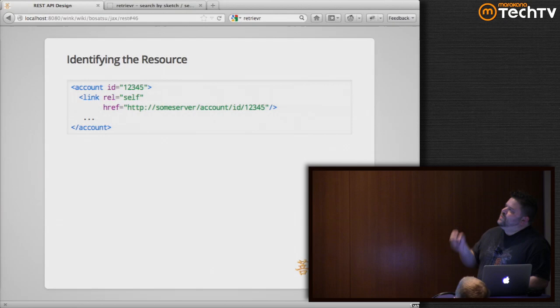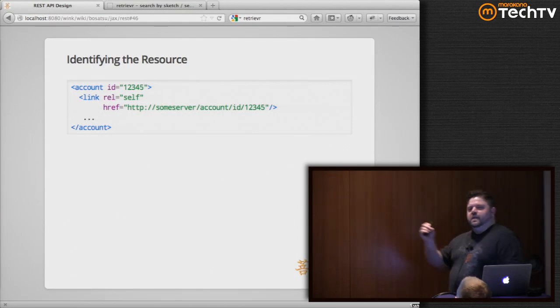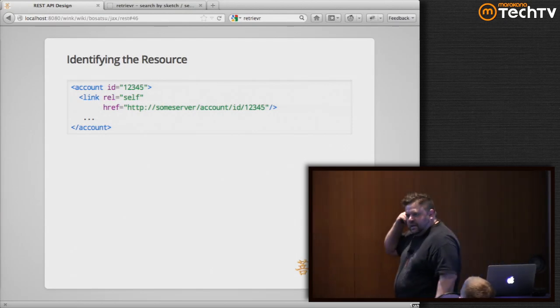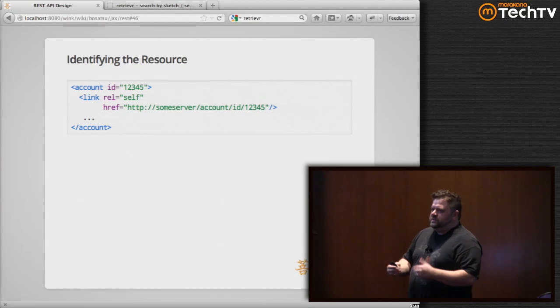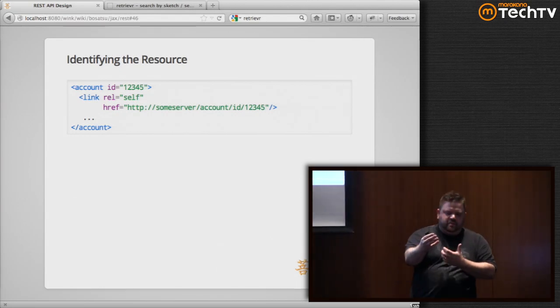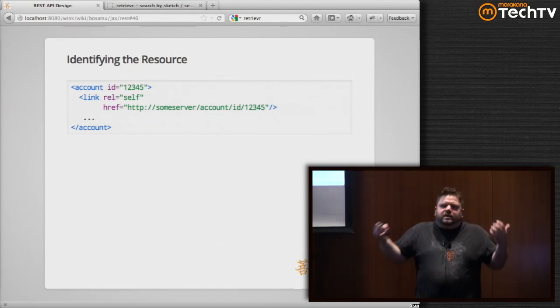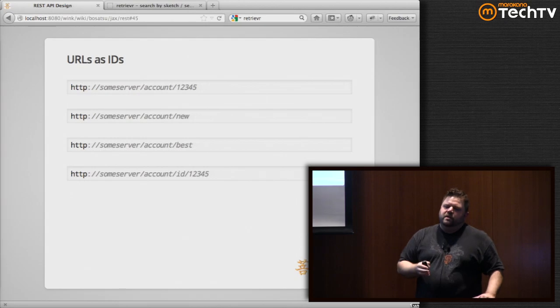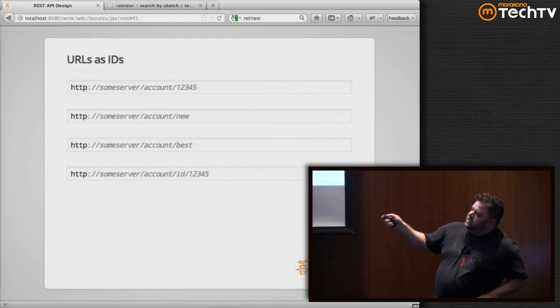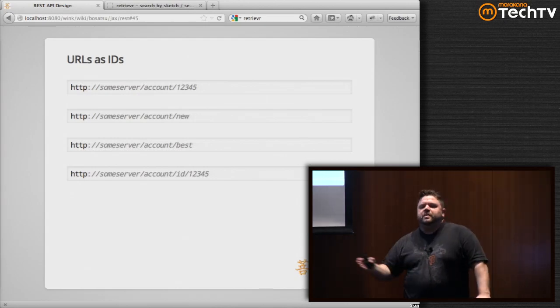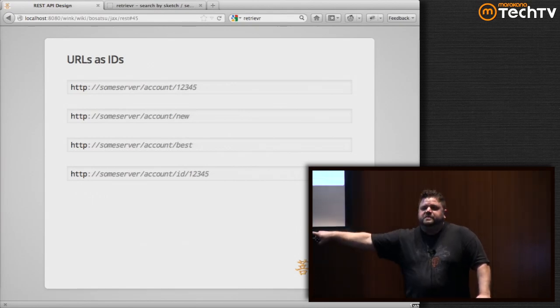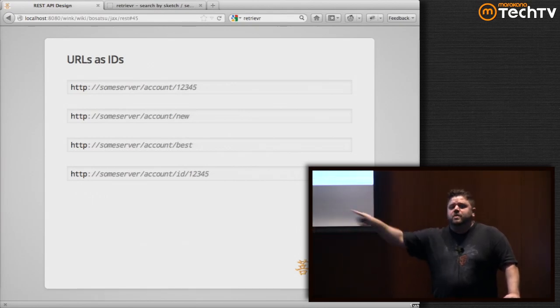And then we want to identify the resource in the body of the response. If your attitude towards this is, hey, my application is talking to my RESTful API, I just went there, I know what it is, then you're missing the point that if I do have some partition, like all the top accounts or all the new accounts, I might get back a collection of pointers that says, here's where the actual account is, go get it.